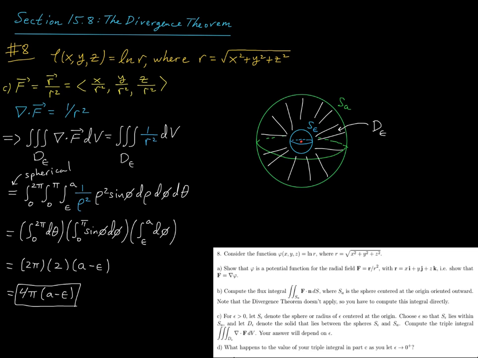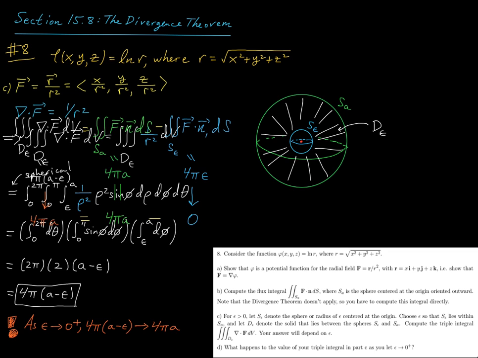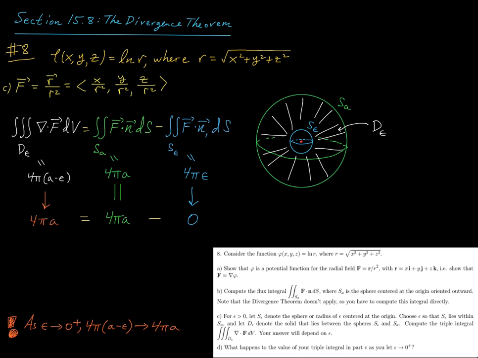All right, so now for part D, it says what happens to the value of your triple integral in part C as you let epsilon approach 0? Well, as we let epsilon approach 0, notice that this quantity will approach just 4 pi a, because epsilon is going to 0. So let me take this out so it's less messy.